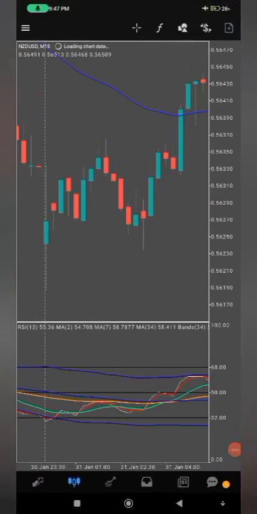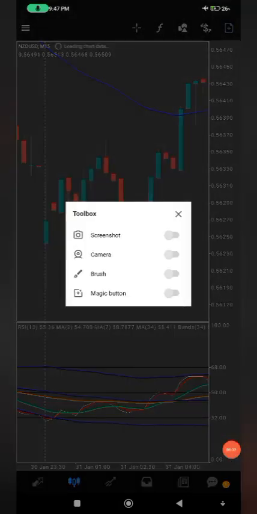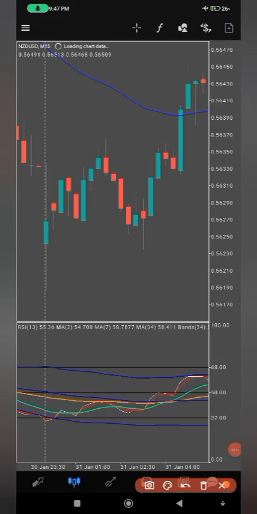So let's look at it. Look at the pattern here. Look at it very well. You'll see that it's actually a rejection of high price. The rejection of high price is actually a trading pattern. Rejection of low price.